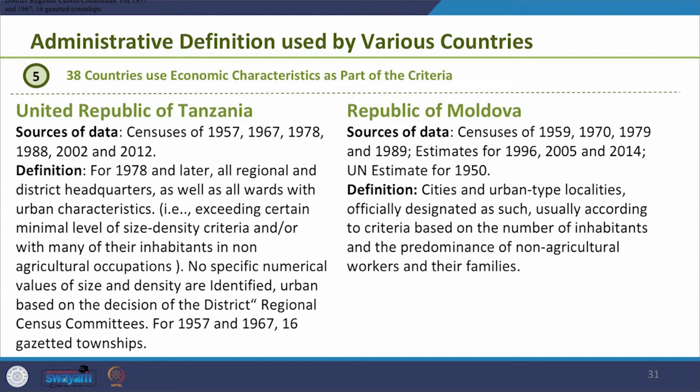We also see the Republic of Moldova. This also states that cities and urban-type localities are officially designated as such, usually according to criteria based on the number of inhabitants and the predominance of non-agricultural workers and their families. So again, this non-agriculture aspect becomes a criterion for identifying urban areas. We also see Turkmenistan, which states the same: cities and urban-type localities officially designated as such, usually according to criteria based on number of inhabitants and the predominance of non-agricultural workers and their families.